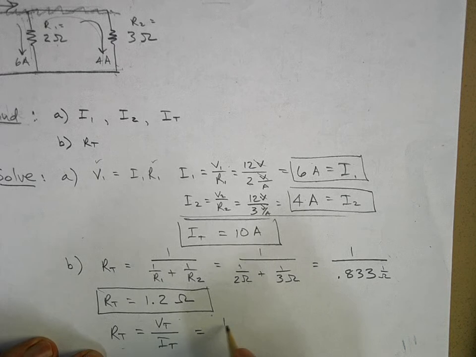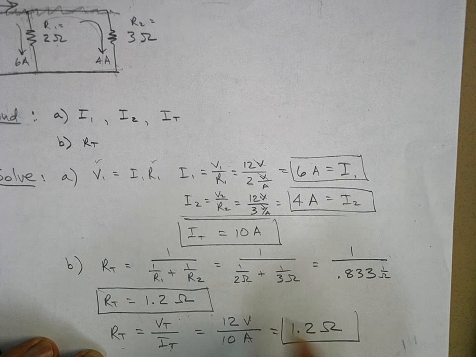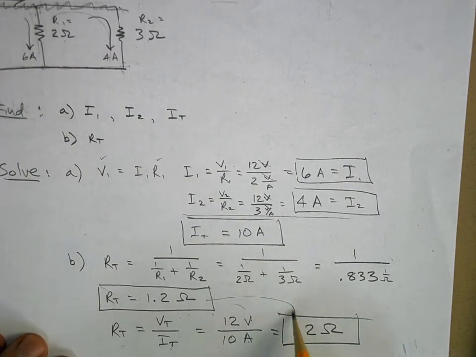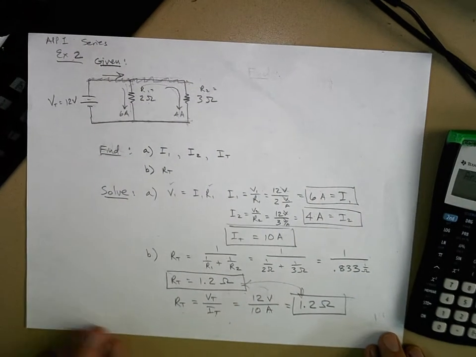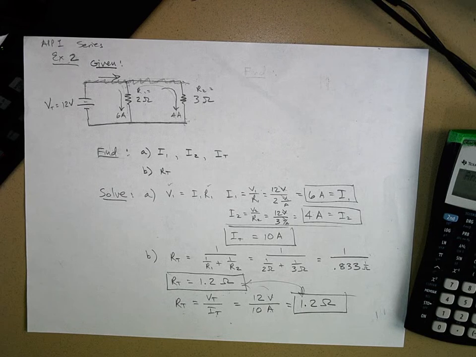So this is 12 volts divided by, well, what's my total current? 10 amps. And that's 1.2, and a volt per amp is an ohm. So that's another way of doing it. And you better get the same answer or you've done it wrong. So that's a good way to check your work, actually. So here's the whole thing. Any questions? Makes sense, right? Wait till the next one.